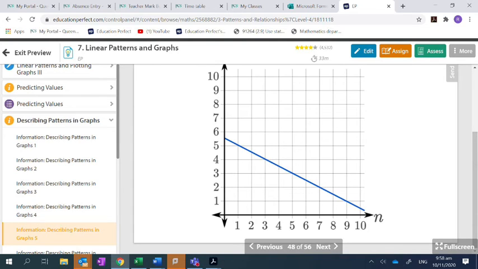We're going to describe this pattern. First of all, when I'm describing a pattern, the first thing I need to know is where it starts. Actually, yes, let's start it at the first number. This one, because it has a line, actually starts at 0, 5.5.